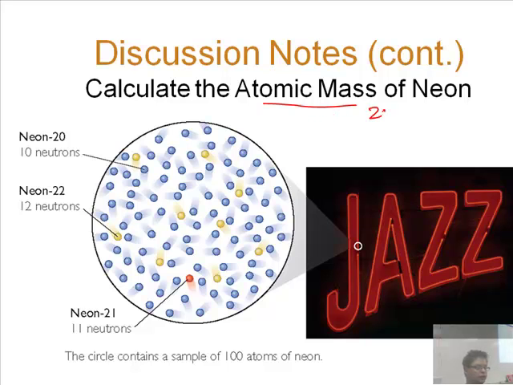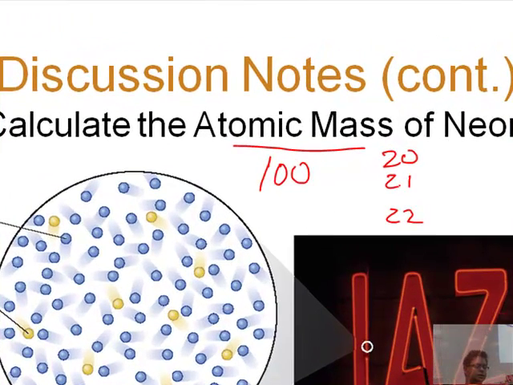We've got neon 20, neon 21, and neon 22. So neon 20 is the blue one. There's 100 atoms total in the picture, 100 atoms of neon. I'm not going to count the blue one first. But how many red ones are there? Oh, there's only 1. So there's 1 of these. That's going to be 1%.